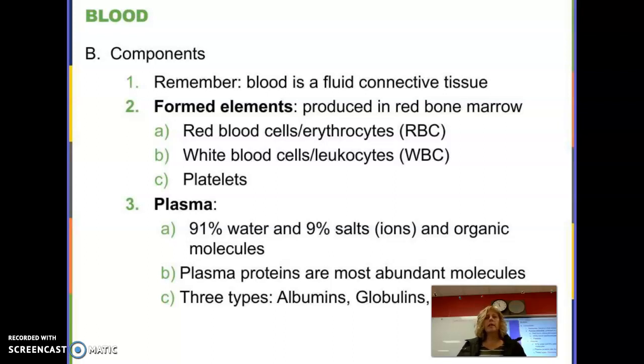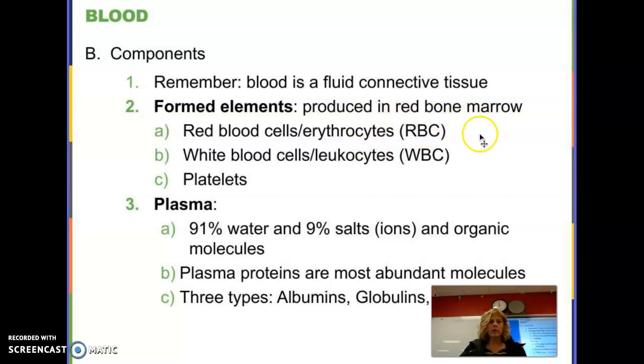Components, remember, blood is a fluid connective tissue. We mentioned that in the last chapter. So we have a couple different types of bone marrow. We actually have red bone marrow and yellow bone marrow.